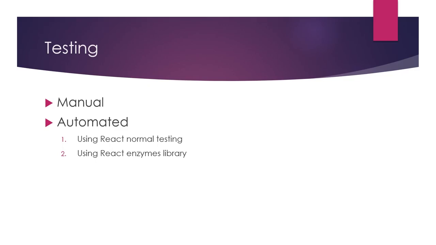For API testing, we used a React testing library where we could just hit that API, get the data, and confirm whether we can retrieve it or not. That was our React normal testing. And for simulation, we used Enzyme.